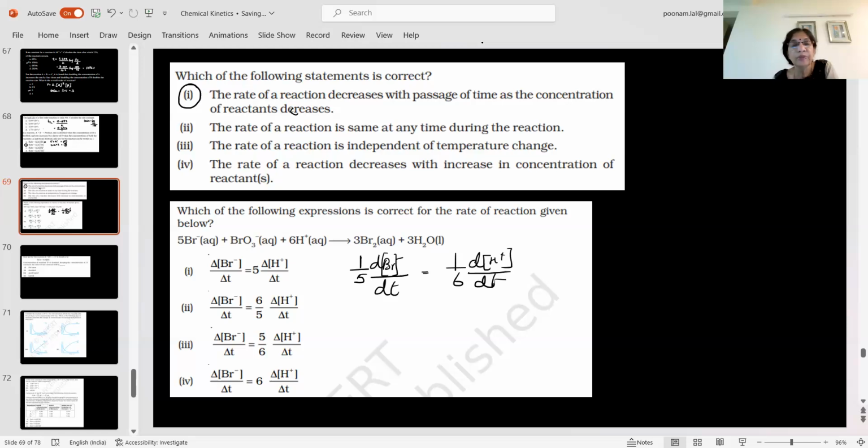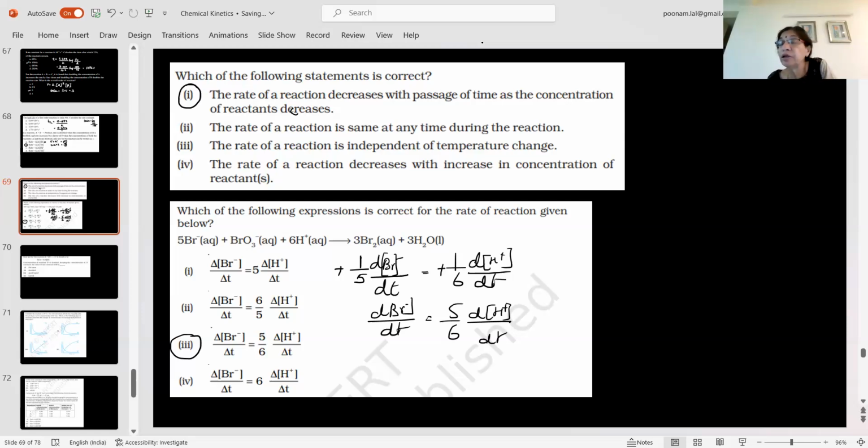So delta Br minus by dt is equal to 5 by 6 delta H plus by dt. So this is the correct answer. In both cases there was a minus, so that got cancelled.